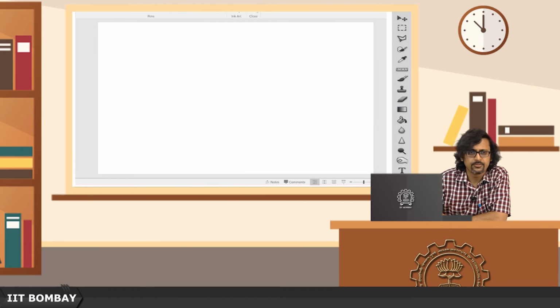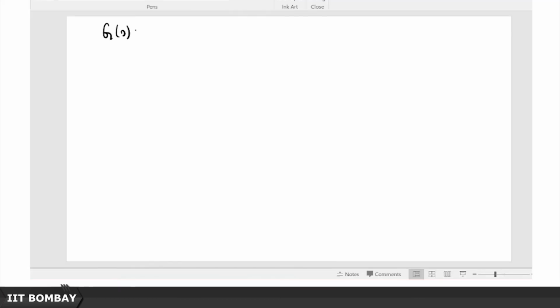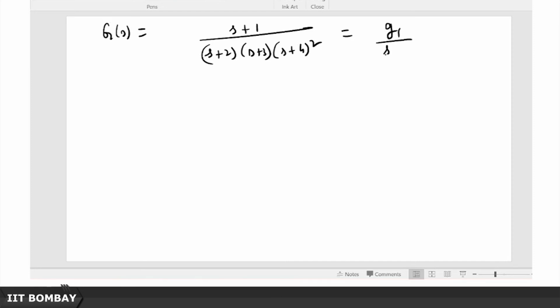What if I have a transfer function that looks like (s plus 1) upon (s plus 2) into (s plus 3) into (s plus 4) squared? In that case, if you expand this, you will have something like g1 upon s plus 2, plus g2 upon s plus 3, plus g3 upon s plus 4, plus g4 upon (s plus 4) squared.